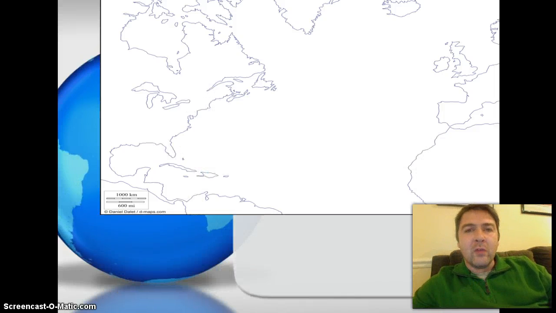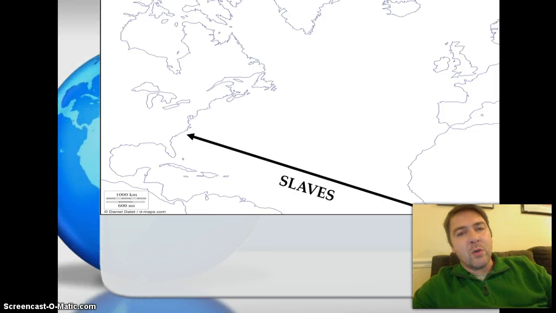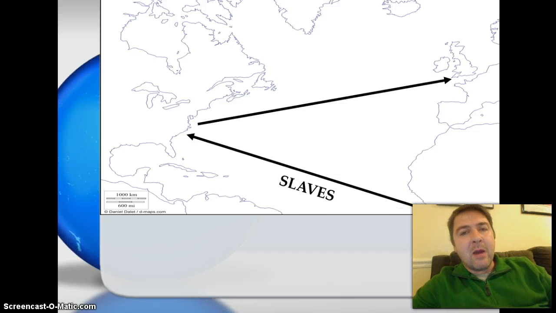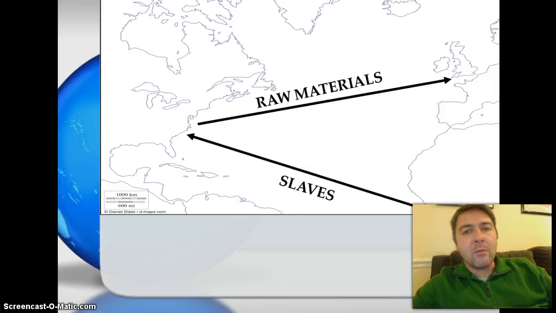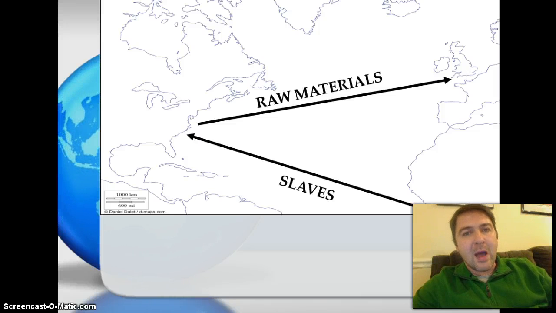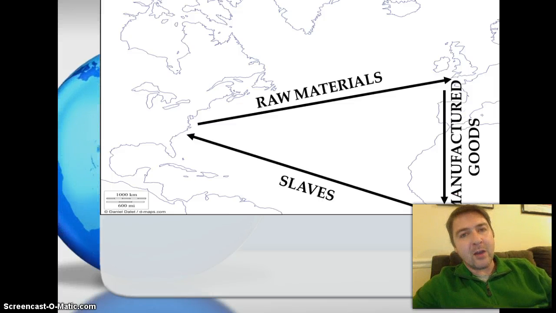This wasn't really the only triangular trade route. We see another triangular trade route here, which also involves slaves going from Africa to the Americas. This one is a little less specific, a little more general. In the Americas, raw materials were produced, things like lumber, metals, and food crops, which were then sent across the Atlantic Ocean to Europe, and there those raw materials got turned into manufactured goods.